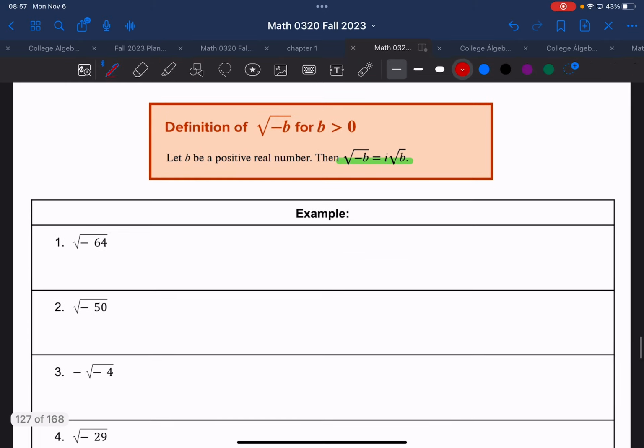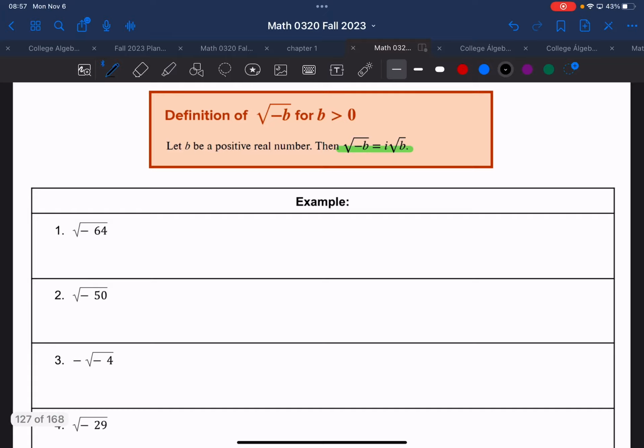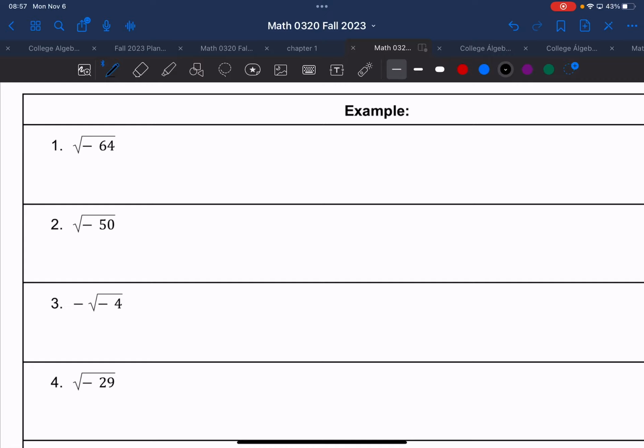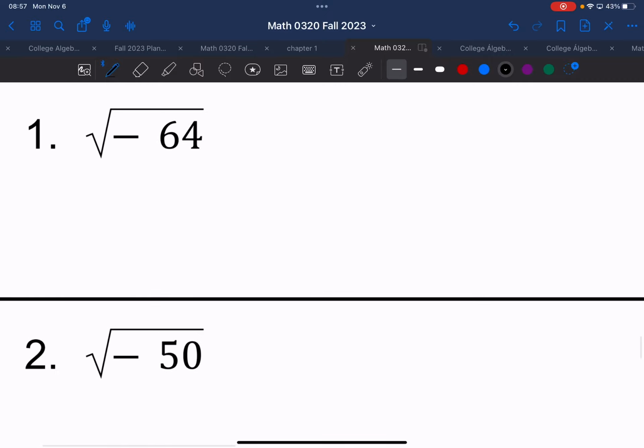So looking at some examples, we know that we could write the square root of negative 64 as the square root of negative 1 times the square root of 64. All I'm doing is taking that negative out of my square root because we just said that the square root of negative 1 is equal to what? i.